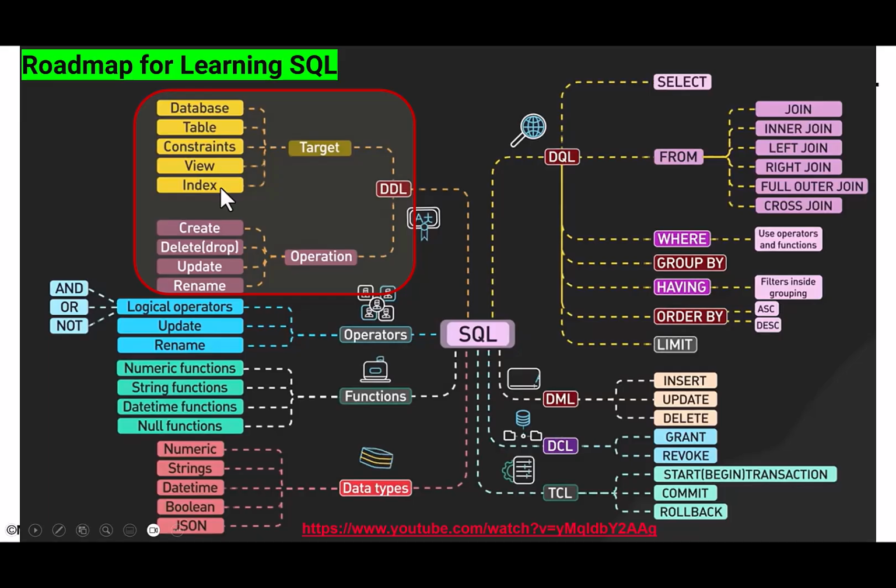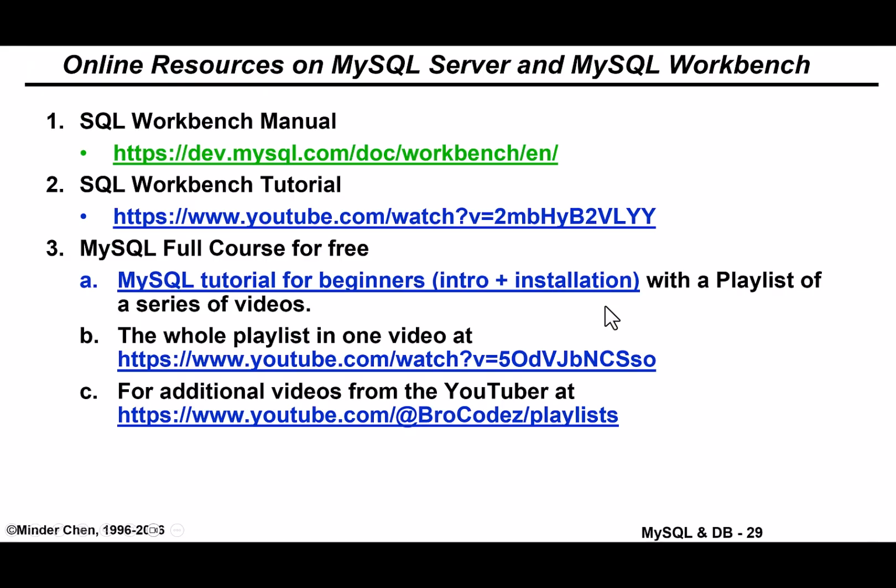An index allows you to index certain columns of a table to speed up your retrieval process. So you can create a table or column, drop it, update it, and rename it, etc. Once again, this part is not the primary focus. The primary focus for this course in the database is actually on the data manipulation language, in particular the SQL select statement over here.